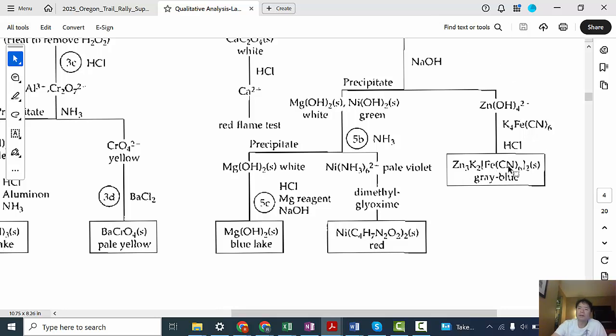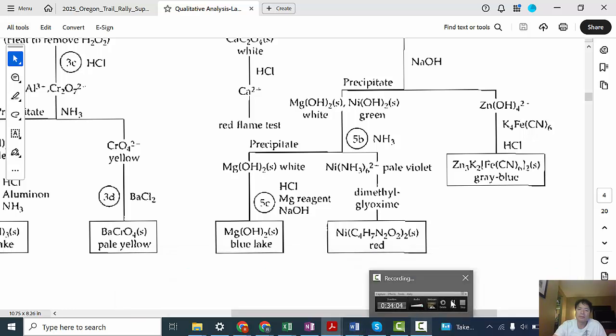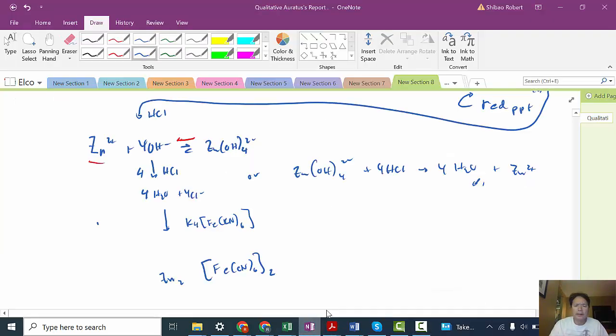And then we have the complex here. Actually, let me correct that in just a moment. Pause this. Okay, and so we need 3 of the zincs and then 2 of the potassiums. And that should add up.